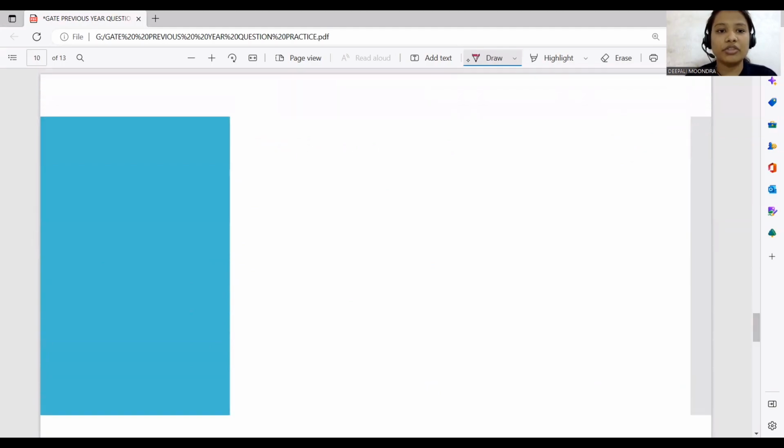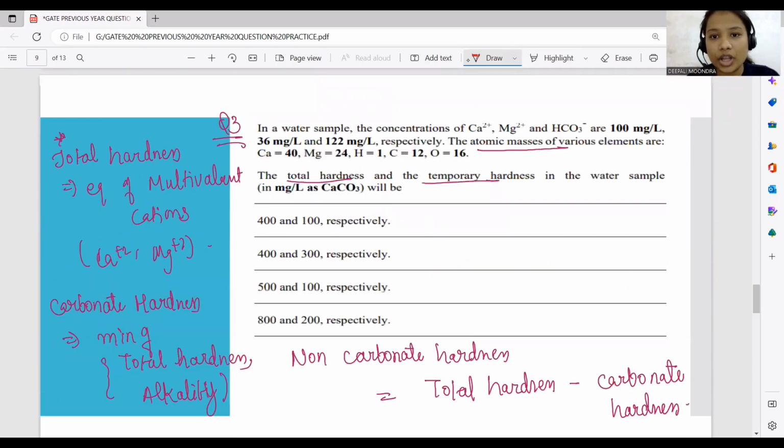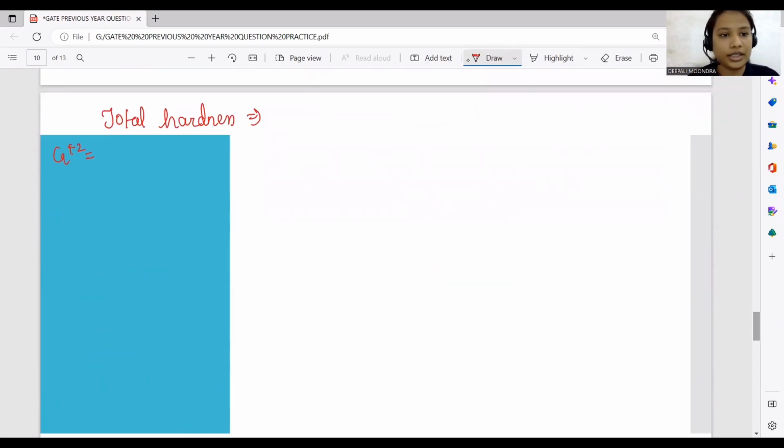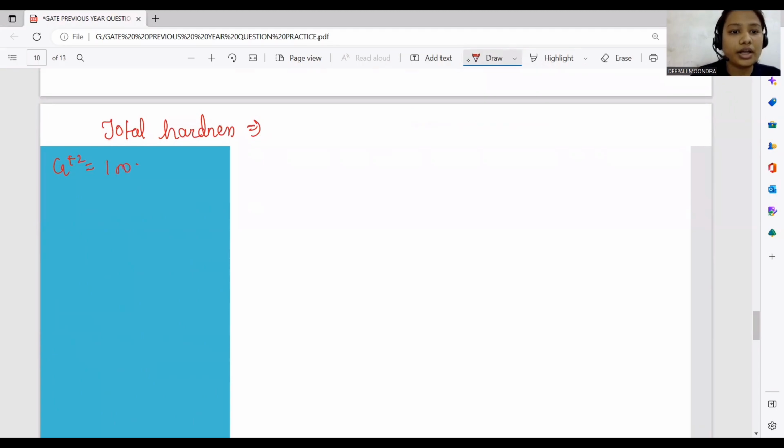Okay, let's begin with the total hardness. So total hardness will be from the Ca+2 and Mg+2. The Ca+2 concentration given here is 100 mg per liter and Mg+2 is 36 mg per liter.